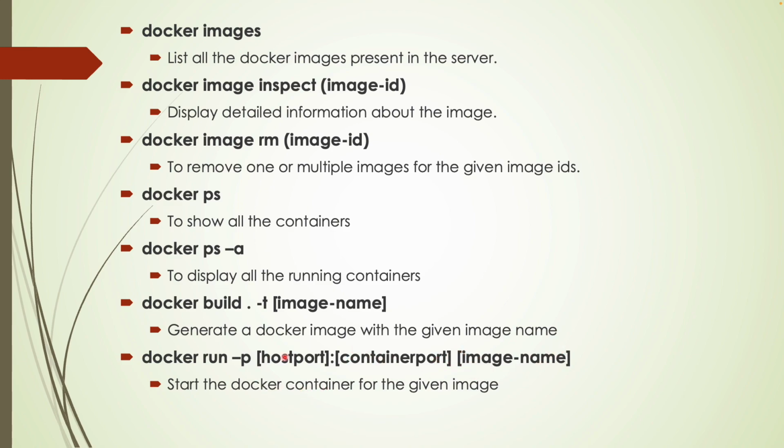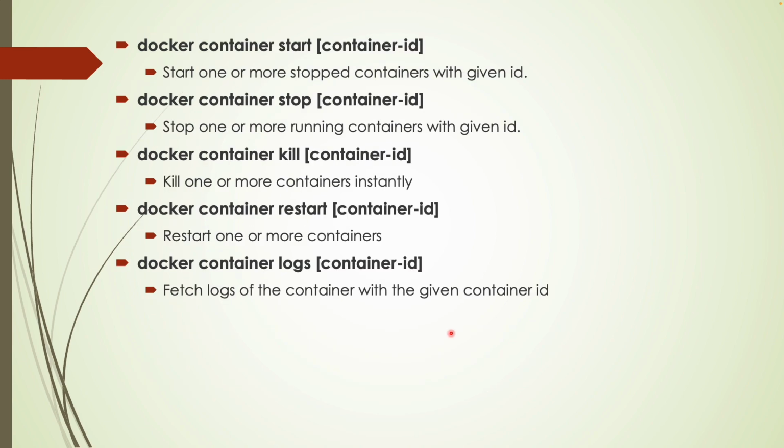Also, if we want to run the container in detached mode, we use the same command with an additional -d. My command will be docker run -d, which starts my container in detached mode, then -p host port:container port and the image name.